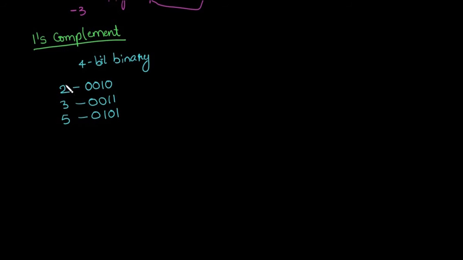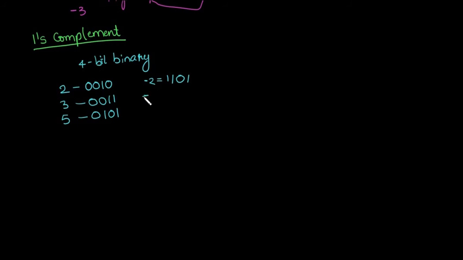Now let us see the corresponding negative numbers of these numbers. Minus 2 can be represented in 1's complement just by interchanging the zeros to 1's and 1's to zeros. Flip the values: this 0 becomes 1, this 0 becomes 1, this 1 becomes 0, and this 0 becomes a 1.